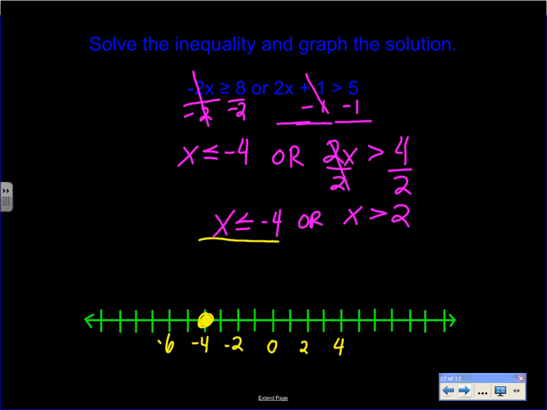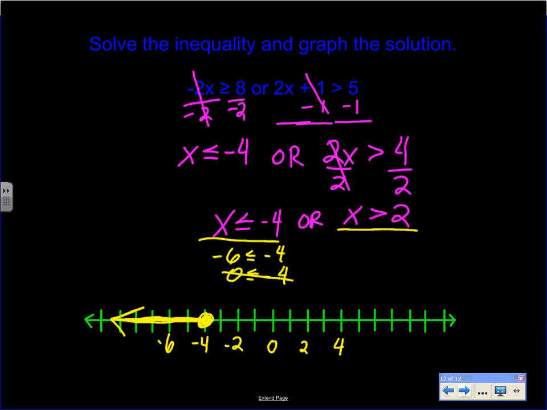Pick a point on the left. Pick a point on the right. Which one is true? Negative 6 is less than or equal to negative 4. So we darken that. Put the arrow there.